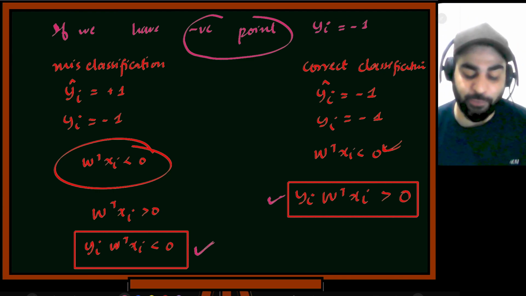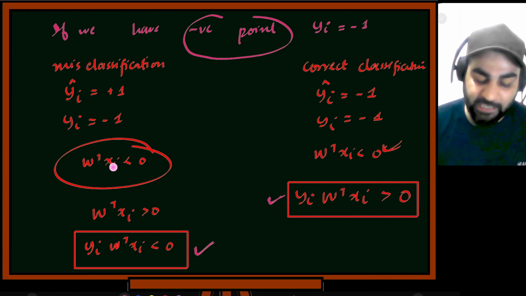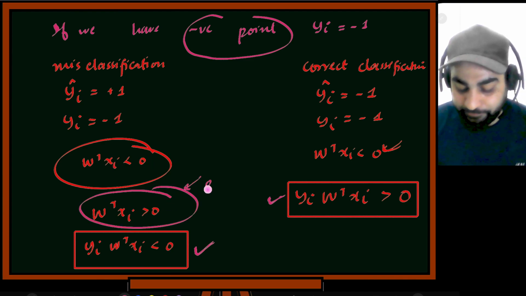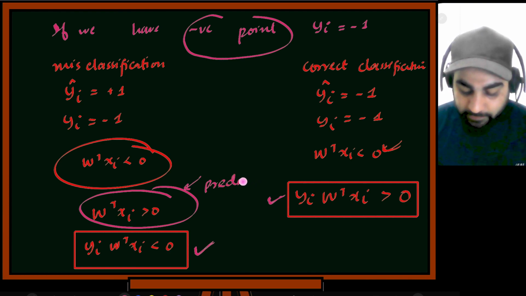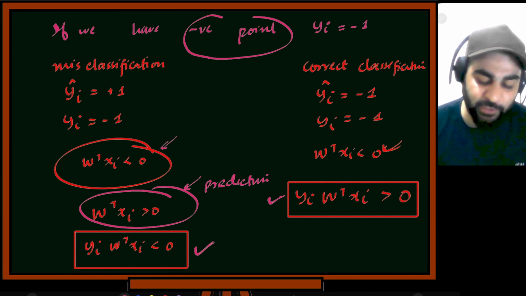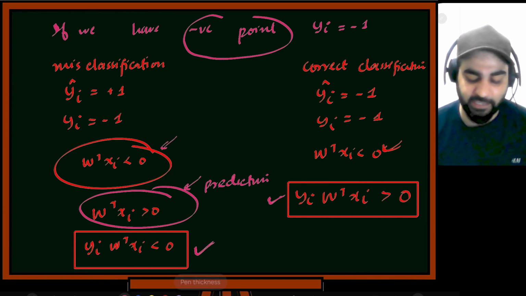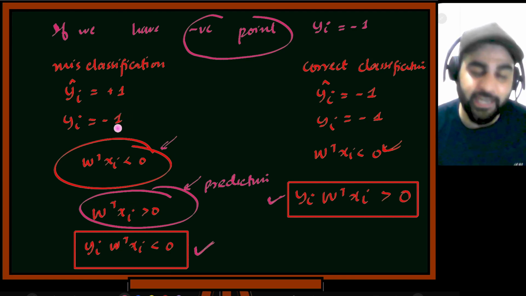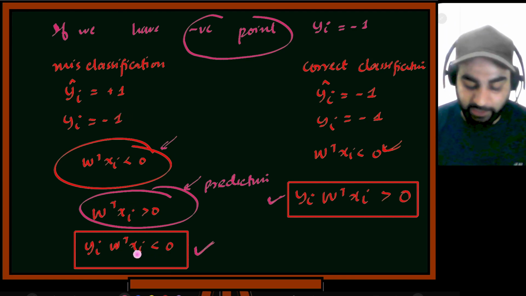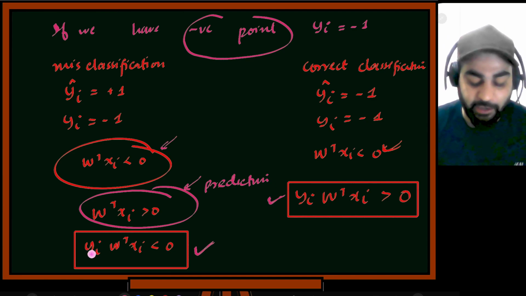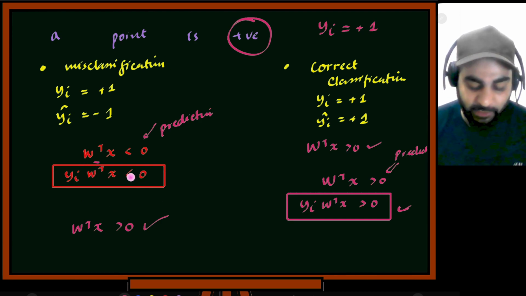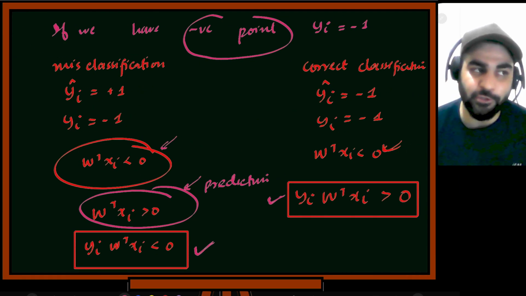The actual prediction should have been w transpose xi less than 0, but because it was misclassified, the prediction is positive. Now yi is negative, so we have a positive quantity multiplied with a negative quantity, which is negative again. So in both misclassifications, yi w transpose xi is less than 0.